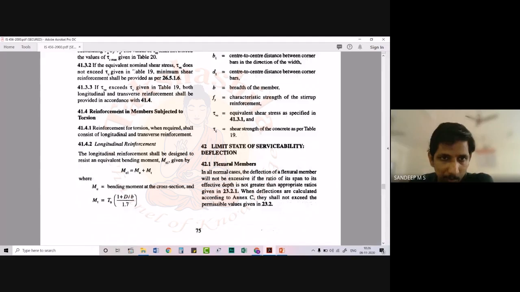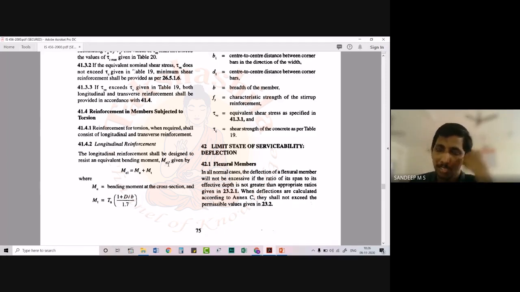Now we will move on to the case where tau VE exceeds tau C. What do we have to do? Reinforcement in members subjected to torsion: reinforcement for torsion, when required, shall consist of longitudinal and transverse reinforcement. How do we design longitudinal reinforcement? Longitudinal reinforcement shall be designed to resist an equivalent bending moment.